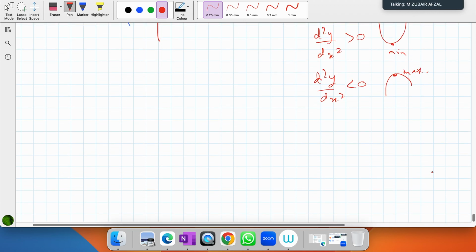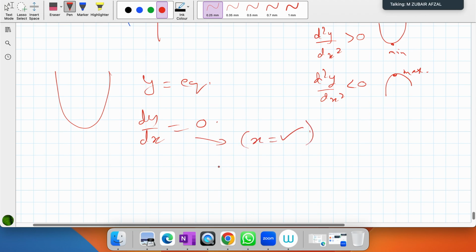Okay, sure. If you have this curve, step 1 equation, step 2 dy by dx is equal to 0 to find x, step 3 we substitute this x back to get the coordinates. So we have x comma y now. So this is our turning point.